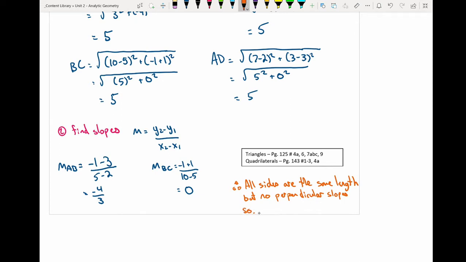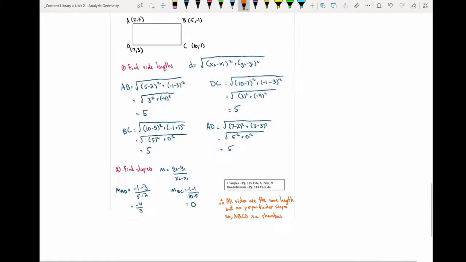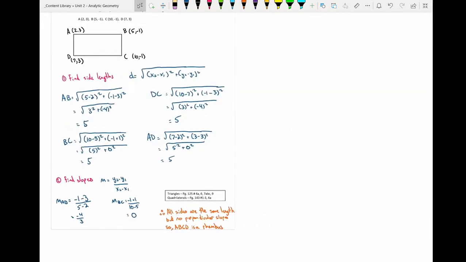So ABCD is a rhombus. All the sides are the same, so that narrowed it down to a square or a rhombus. The slopes are not negative reciprocals, so this shape is a rhombus.